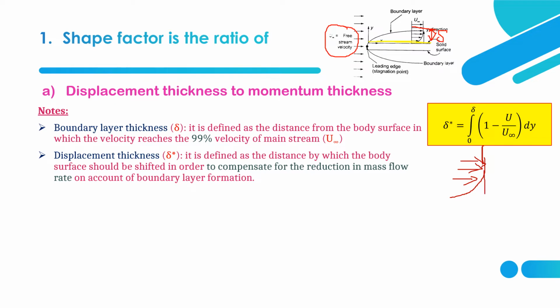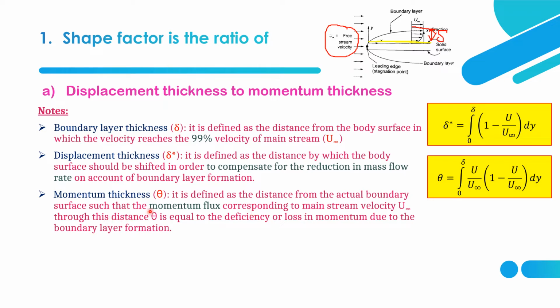So here there is some loss, right? This loss is compensated by the displacement thickness. So it is defined as the distance by which the body surface should be shifted in order to compensate for the reduction in mass flow rate on account of boundary layer formation. So this is the boundary layer that we have seen in this diagram itself.